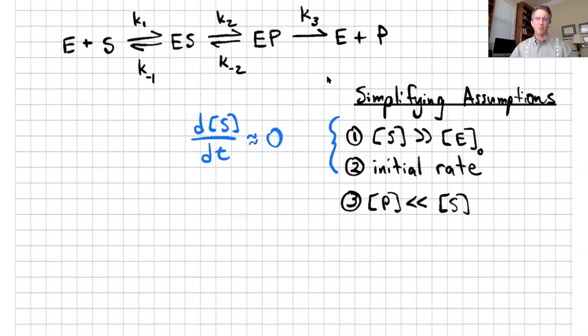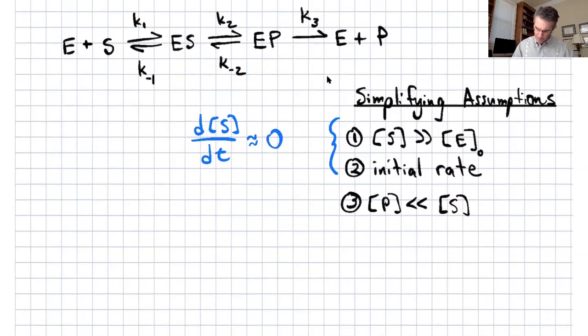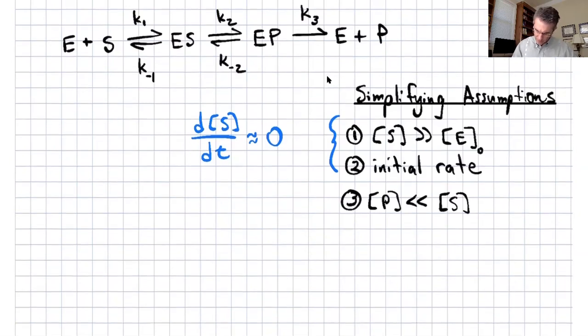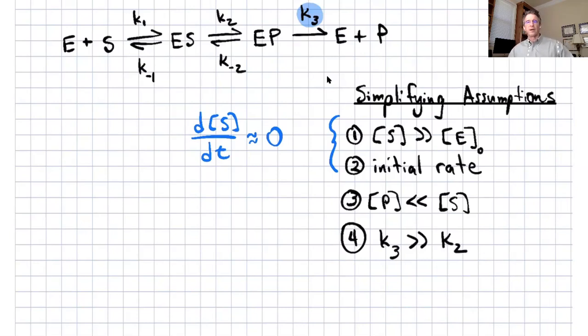Well, there's something that you may not know, but turns out to be true, which it very, very frequently is: when the rate constant for product release, K3, that unimolecular rate constant, is much bigger than the rate of doing chemistry, it basically becomes irrelevant.